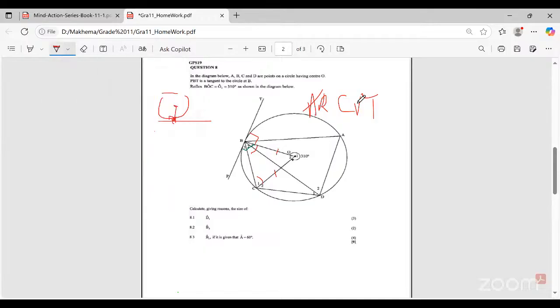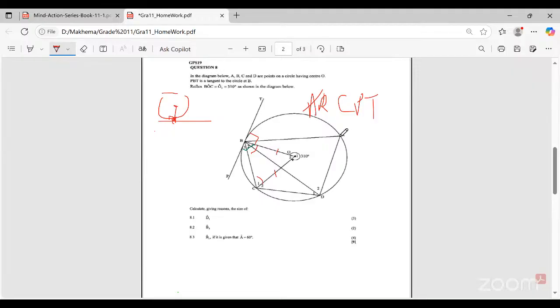Is there a cyclic quad, guys, in this diagram? Oh, yes. Where is it? It's ABCD, I think. A, B, C, D. Okay, I agree.